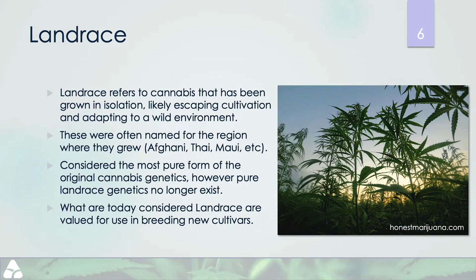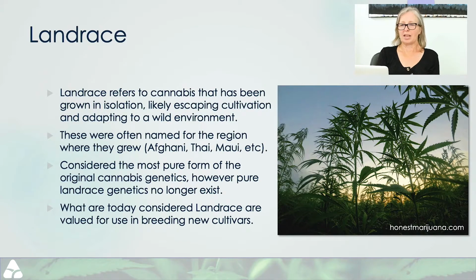So basically, landrace refers to cannabis strains that have been grown in isolation for a longer period of time, so they didn't cross-pollinate with other species at all. Some might have escaped cultivation and then just took on a life of their own out in the mountains or in the woods where humans didn't really pay attention to them for a while.